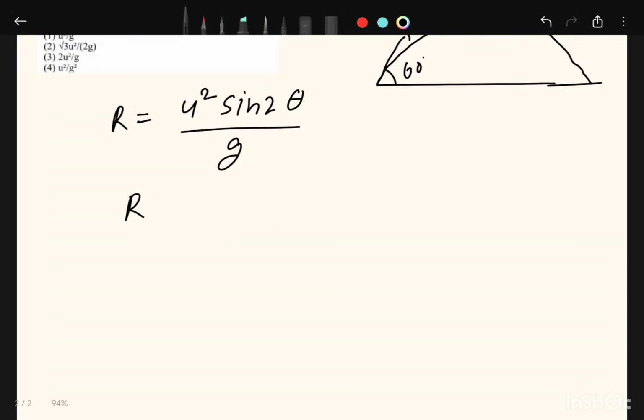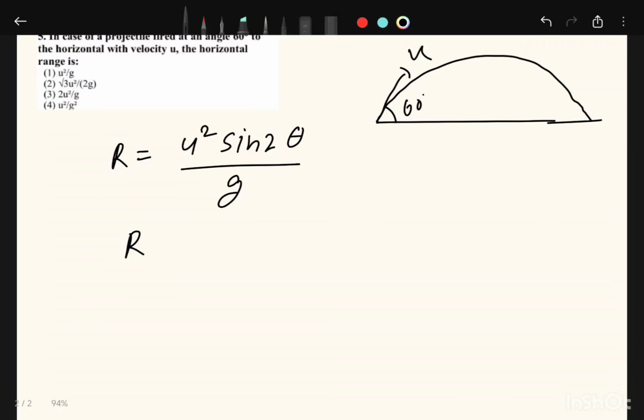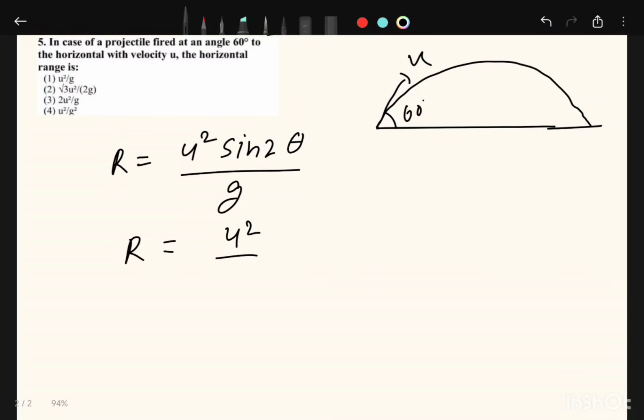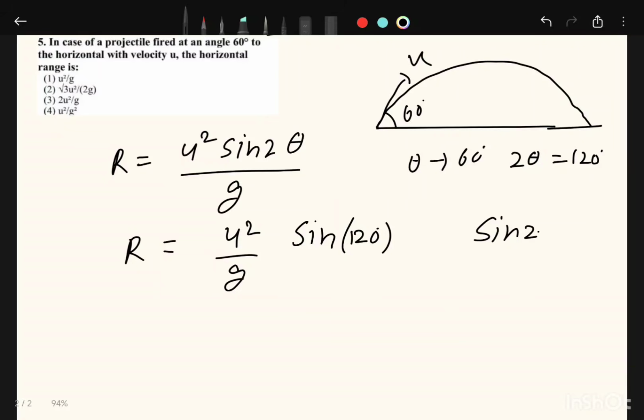So you put the value. You can see the options. Answer is given in terms of u and g, right? So you keep u square, g and sine 2 theta. So 2 theta will be equal to what? 120 degree because theta is 60, right? And 2 theta will be 120 degree. So sine 120 is what?